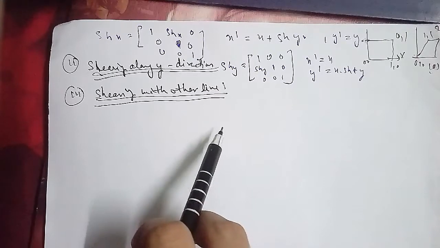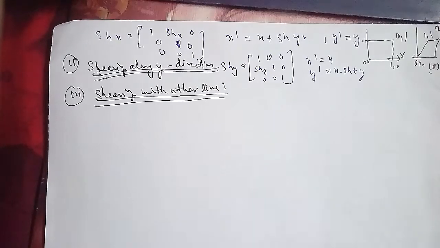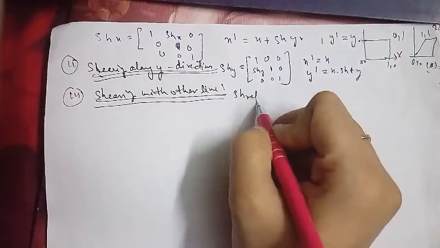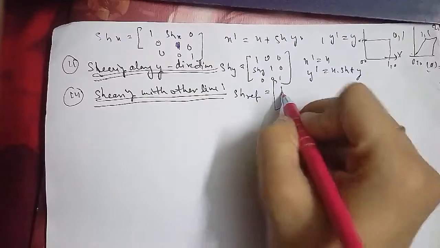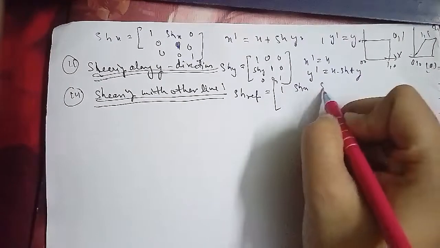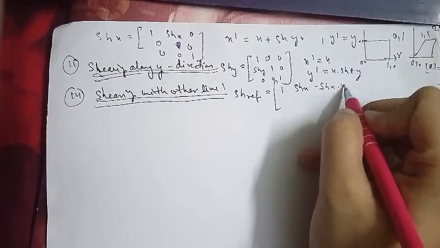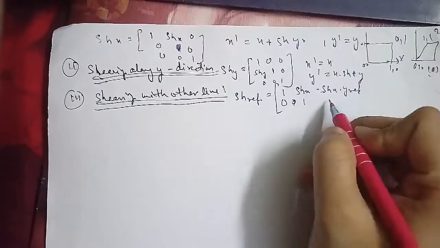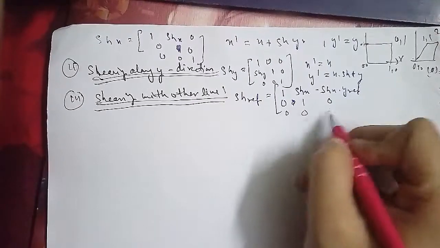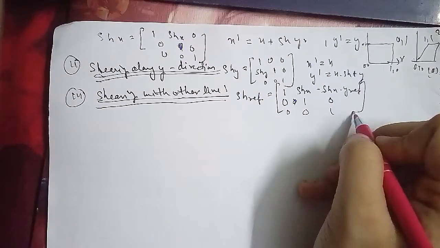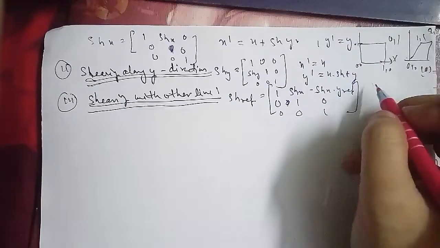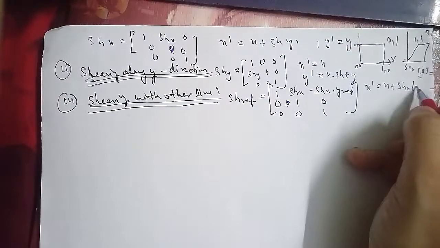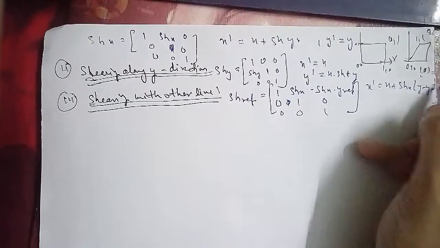Similarly, a y direction shear relative to a line x equals x ref is generated with the transform matrix, which is in the form of: 1, 0, 0; shy, 1, minus shy times x ref; and 0, 0, 1.